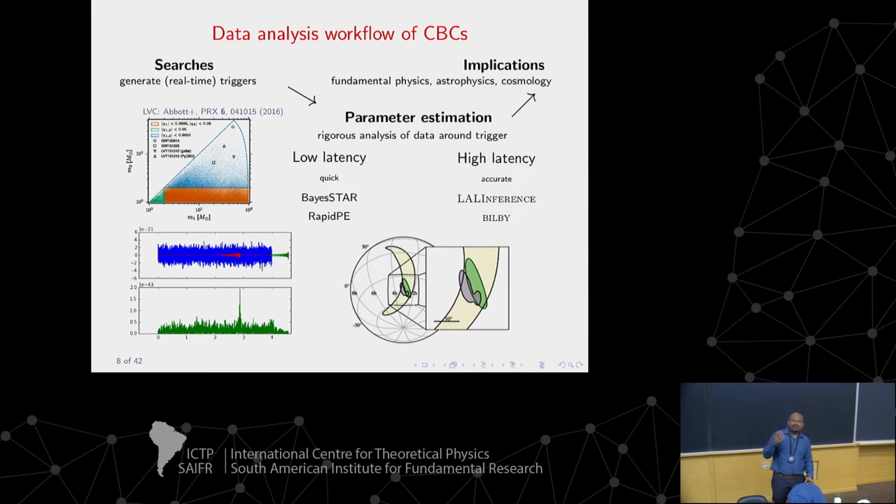And on the interesting triggers, we then carry out parameter estimation at low latency, which is given out to astronomers for electromagnetic follow-up in case there's a possibility of coincident electromagnetic radiation. And on a higher latency over a longer time, we perform thorough Bayesian parameter inference, and out of this we extract results on fundamental physics, astrophysics, and cosmology.